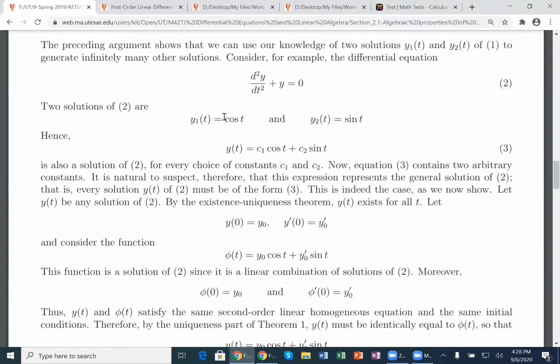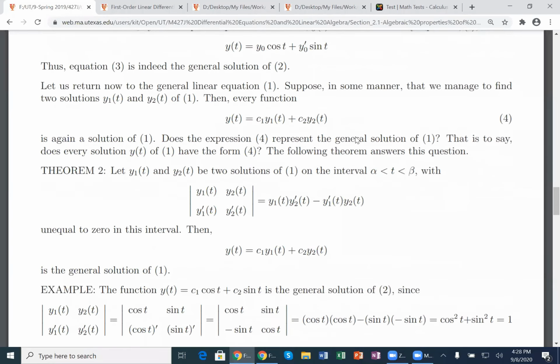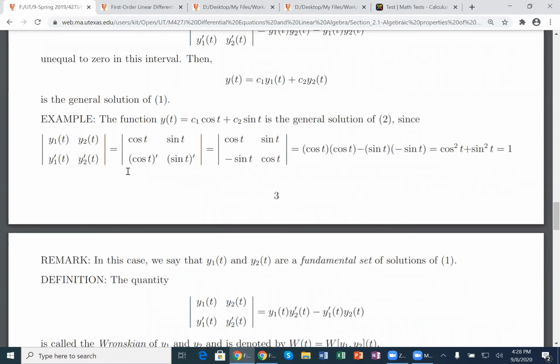Think about the following. What if instead of, say, sine, we have 2 times cosine? Our intuition tells us that 2 times cosine is very similar to cosine. Therefore, this new y1 and y2 will not give us the general solution again. Well, let us see what happens to the Wronskian.